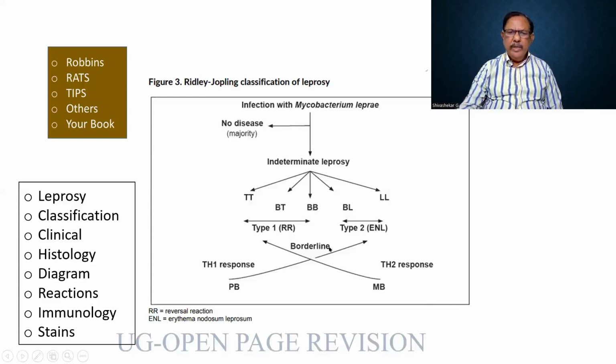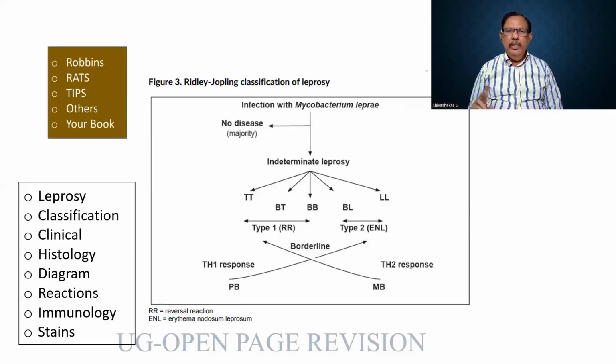And what are the various reactions you people can get? So there is a paucibacillary, scanty bacterial content, and multibacillary, where there will be numerous bacteria. And what are all the responses in a case of leprosy, you people will have to mention. Histology is definitely important. You people will have to describe 2 only.